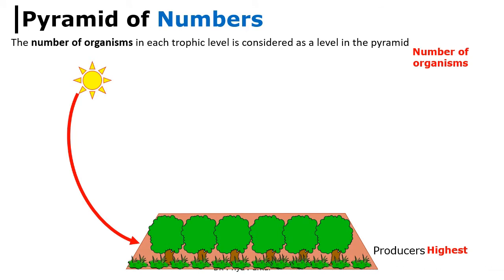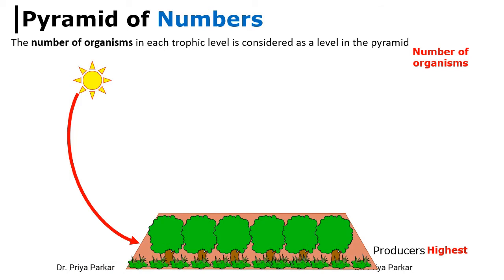In pyramid of numbers, the total number of living organisms in each trophic level is considered as a level in the pyramid. The base of the number pyramid is broad because a large number of producers, that is green plants, are found at the bottom of the pyramid and they provide food to all.